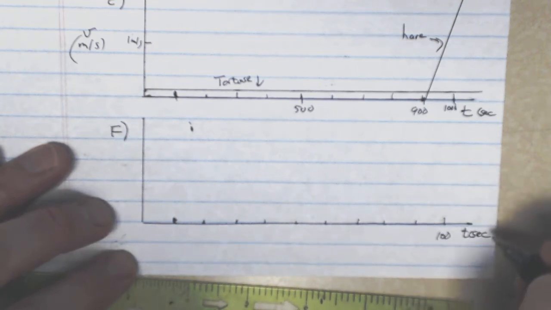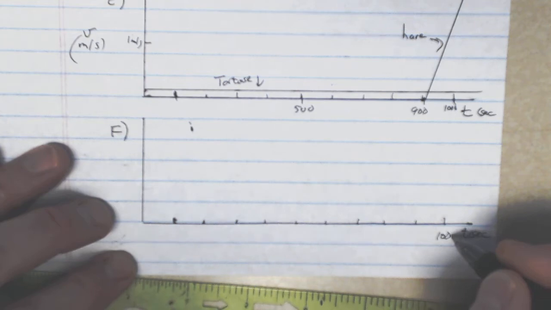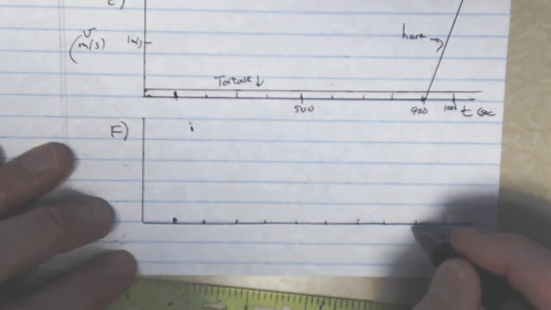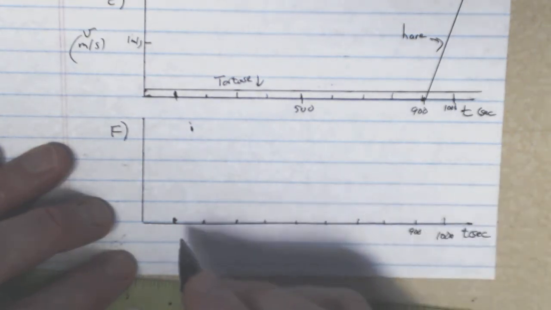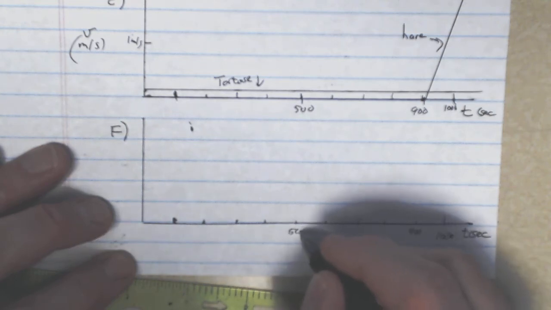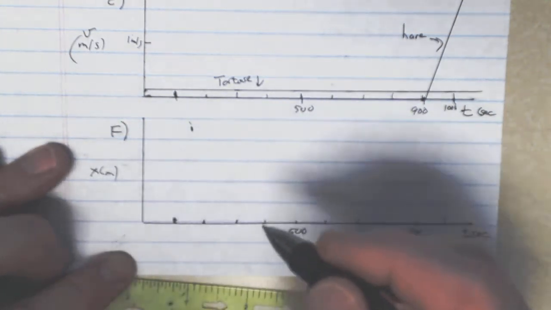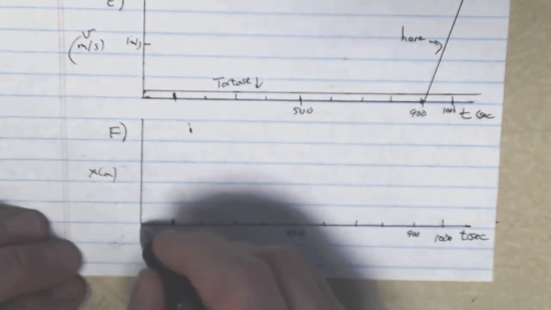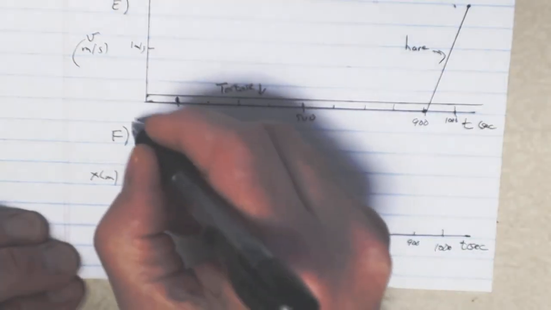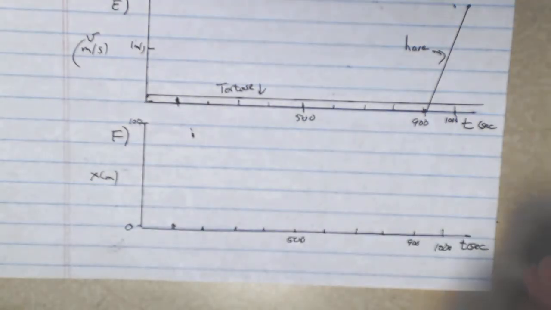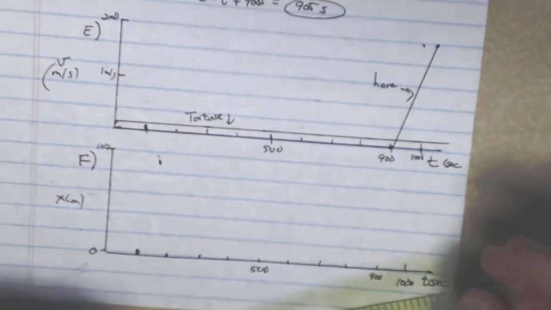This is time in seconds. Actually, 1,000, I'm sorry. 900, so when something interesting happens, 1, 2, 3, 4, 5. This axis will be position in meters. Okay, and we know the race goes from 0 to 100 meters.